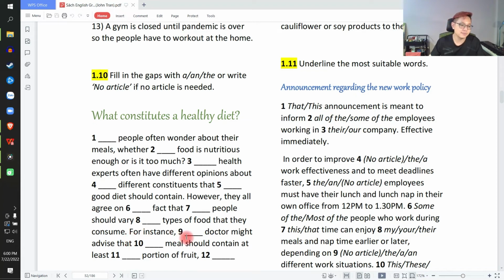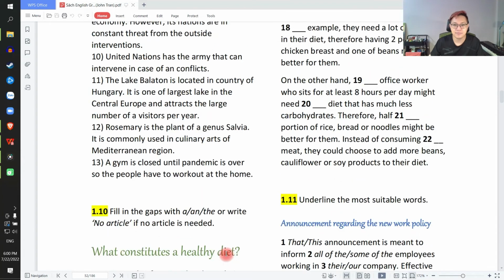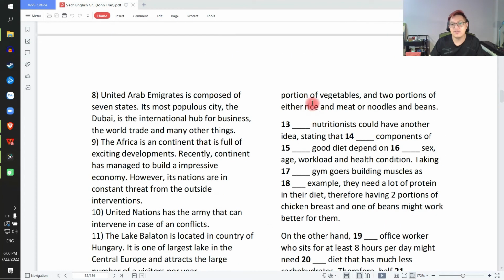For instance, a doctor might advise that a meal should contain at least a portion of fruit, a portion of vegetables, and 2 portions of either rice and meat, or noodles and beans.